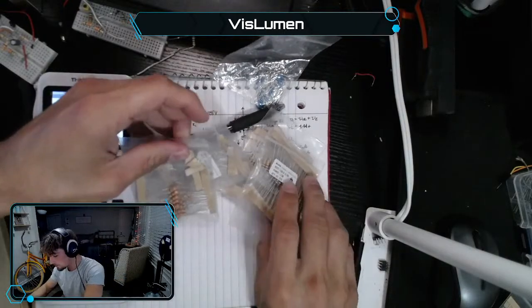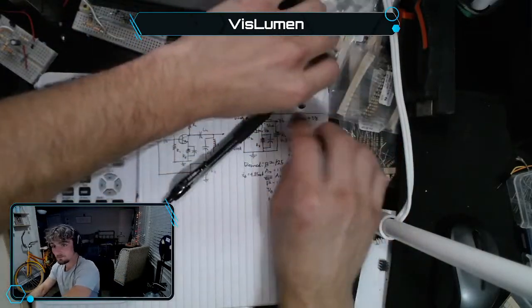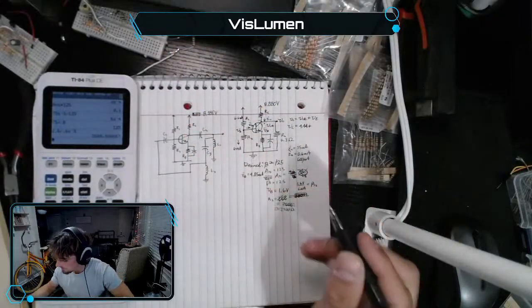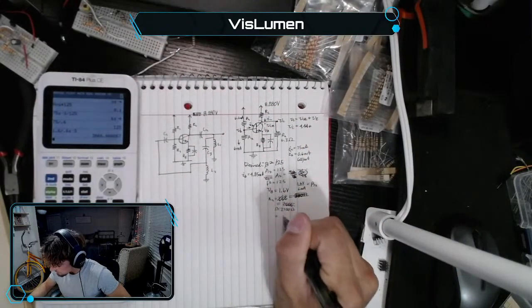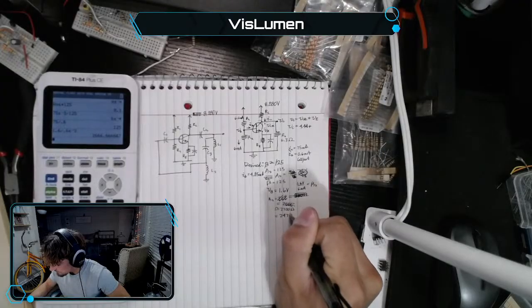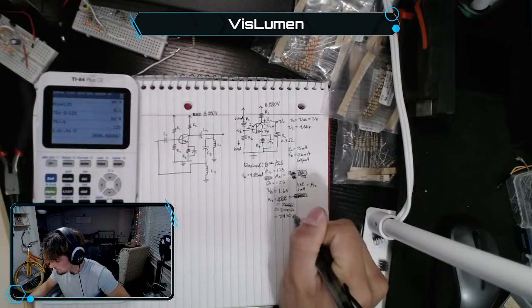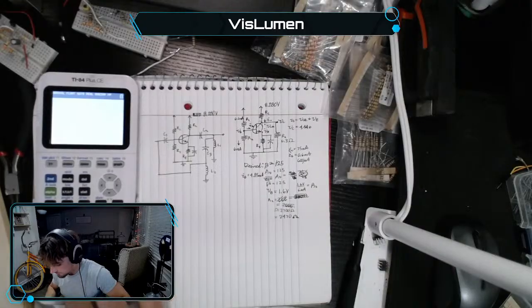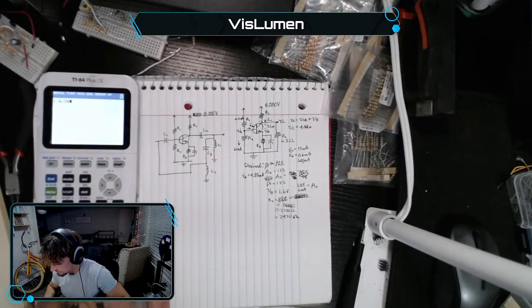Okay. So let's say R2 equals 2,470 ohms. Okay, 1.6 divided by 2,470.